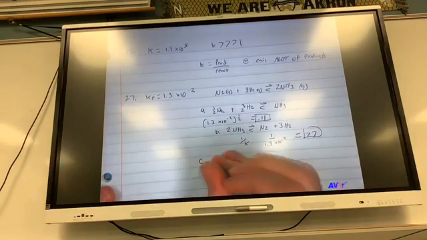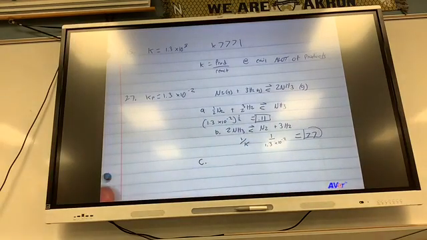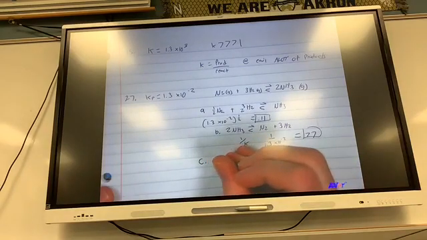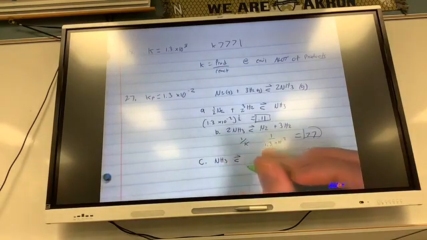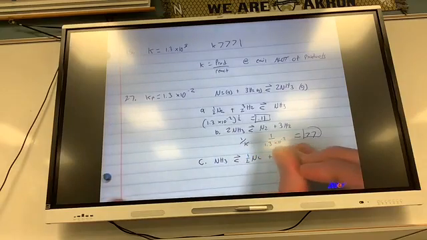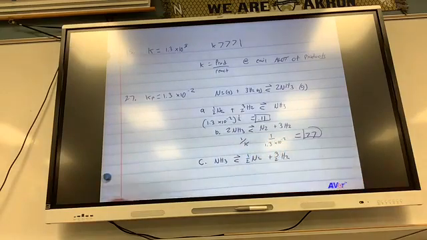For C, let's see, what did I do? I flipped it and I divided it by half, because on C, I have NH3 is in equilibrium with 1/2 N2 plus 3/2 H2.